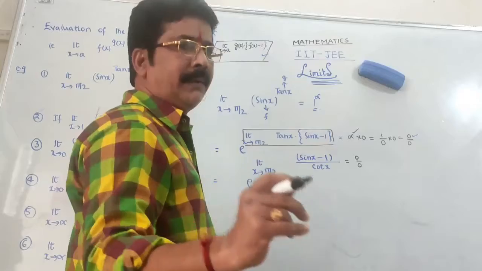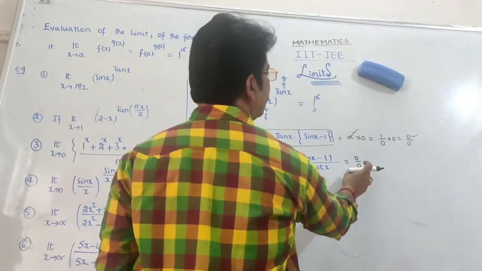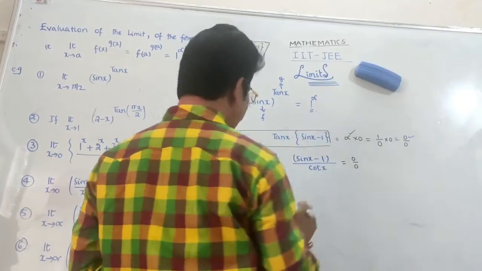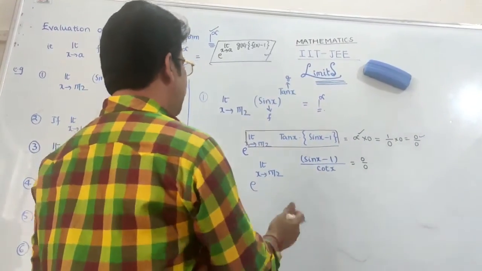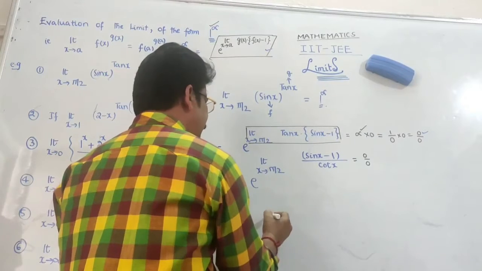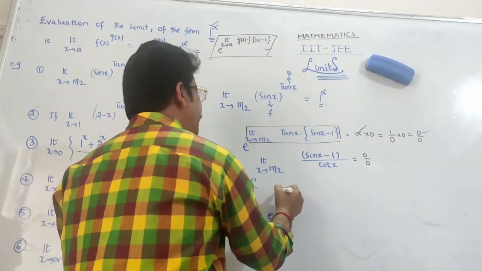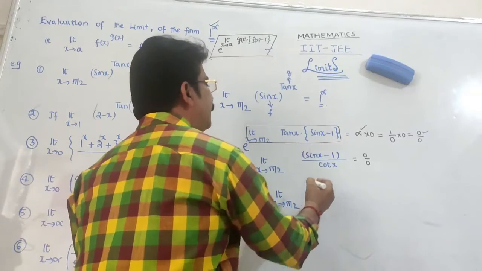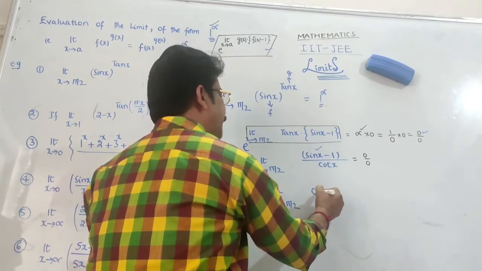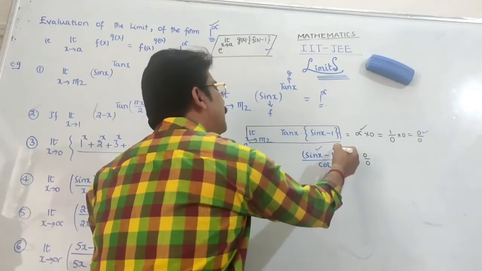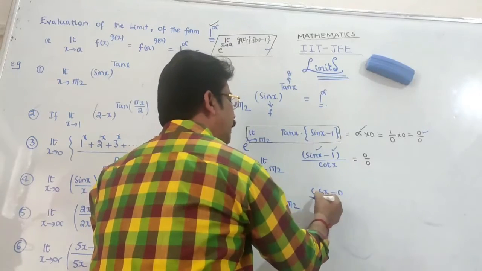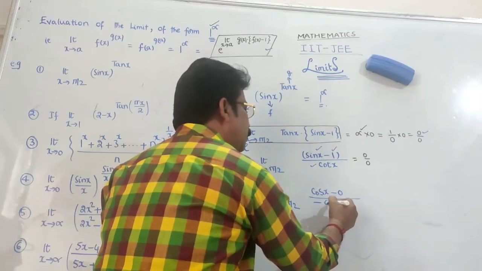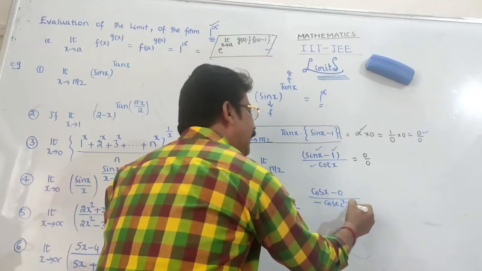In each and every problem, we must try to express the form 1 to the power of infinity as 0 by 0. Later, we are permitted to use the L'Hospital rule. So, limit x tends to pi by 2, differentiation: d by dx of sin x is cos x, minus d by dx of constant 0, divided by d by dx of cot x, which is minus cosecant square x.